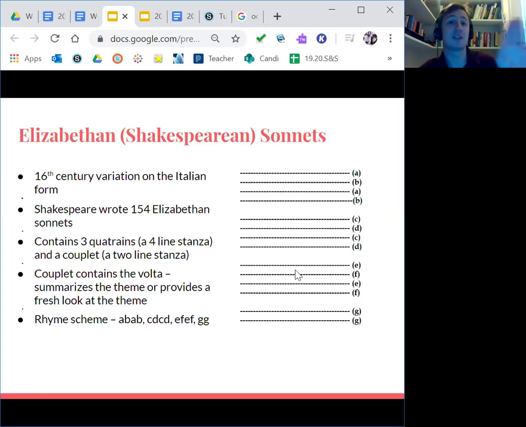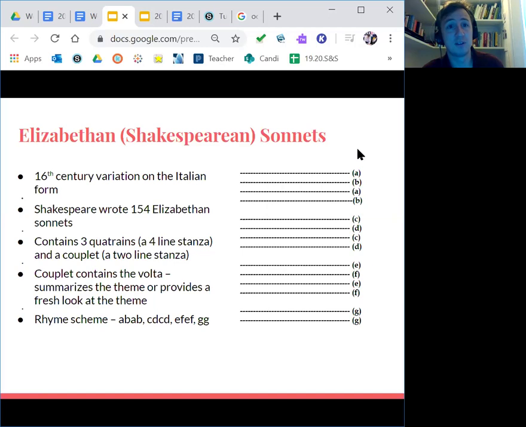So like we talked about with the octave and the sestet in the Italian, Shakespearean sonnets actually have 3 quatrains and then the volta as a couplet. So a quatrain is 4 lines. So there are 3 stanzas of 4 lines, and you see that here. Their rhyme scheme goes A, B, A, B in quatrain 1.